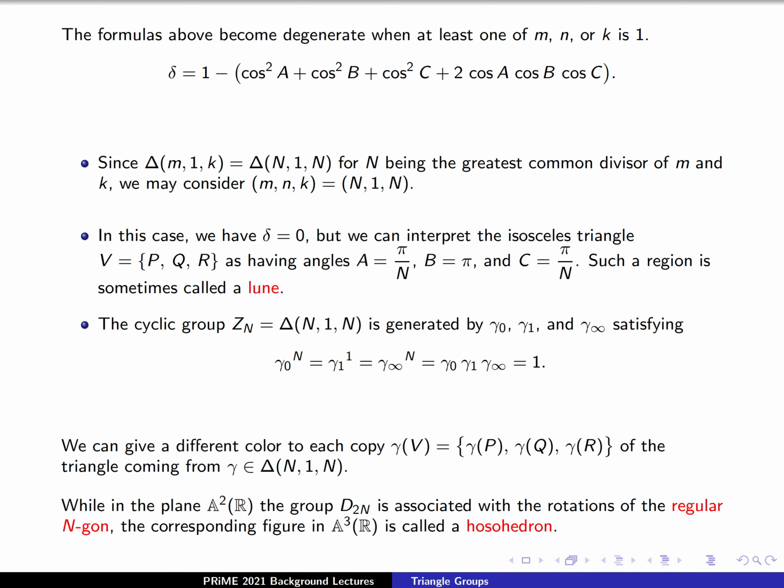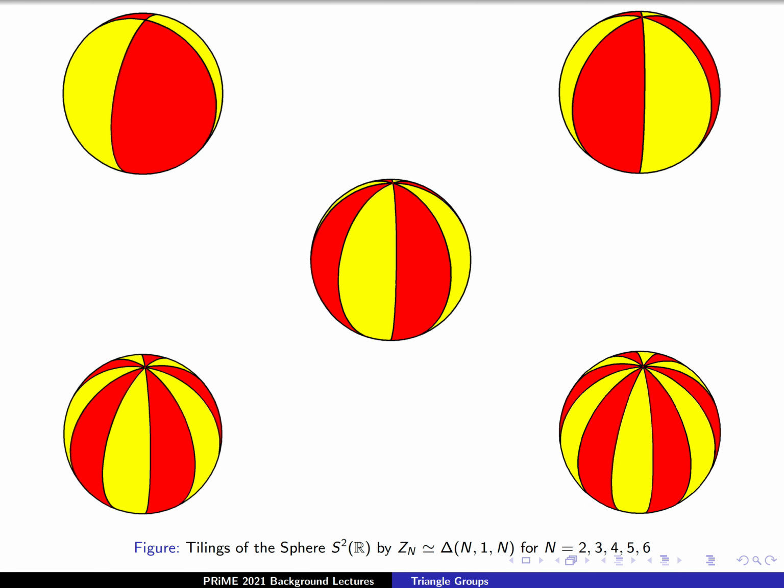What we'll do here is try to give each of our triangles a slightly different color so we can see what's happening. In this case, the corresponding figure that we'll find will be called a hosohedron. Here are some examples. Each of the red triangles is an example of the triangle PQR that we started with. You'll notice that the red regions really are degenerate triangles.